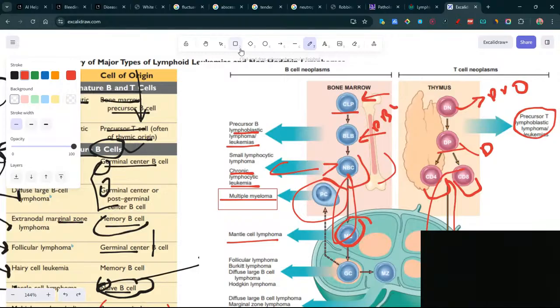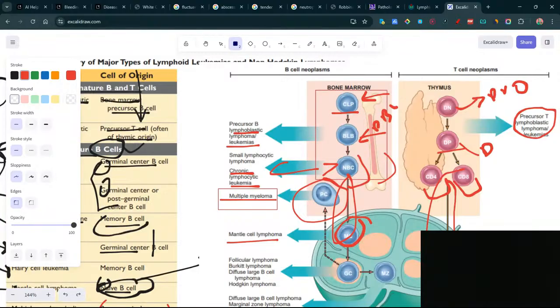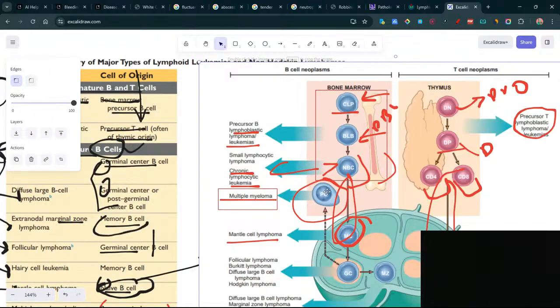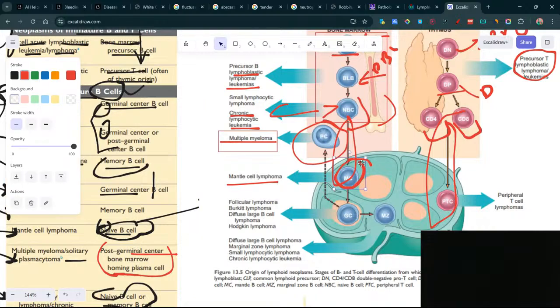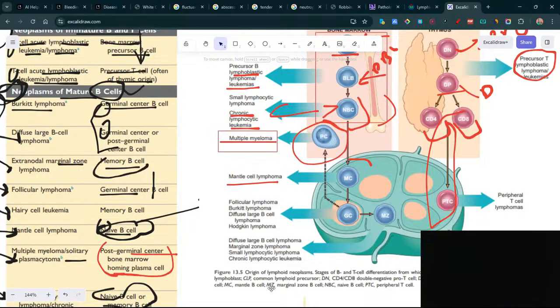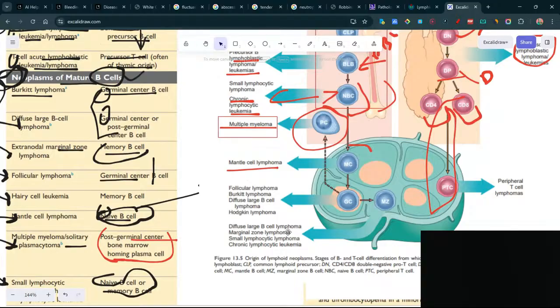The germinal, post germinal center, and this is a post. Then to MC, mantle B cell.